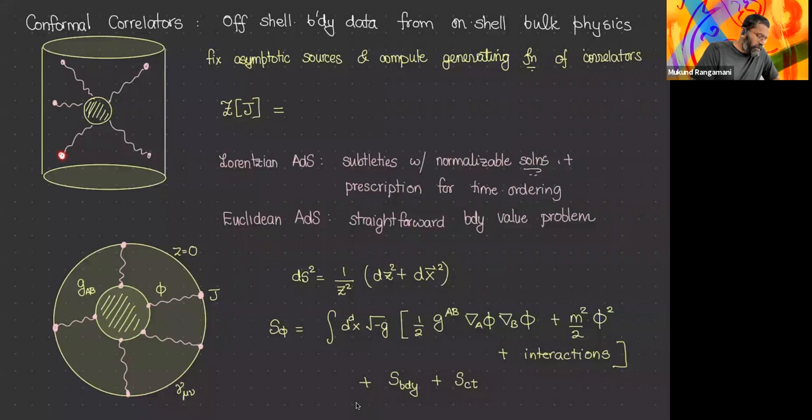We can imagine sourcing a set of operators on the boundary of AdS spacetime, allowing them to source and create a set of fields that propagate into the bulk, which interact in some fashion and then come out. Okay.